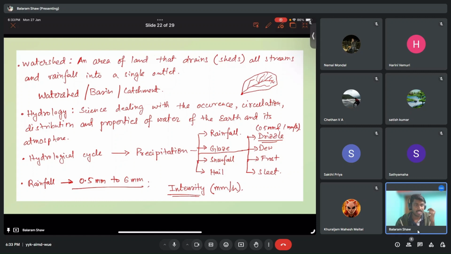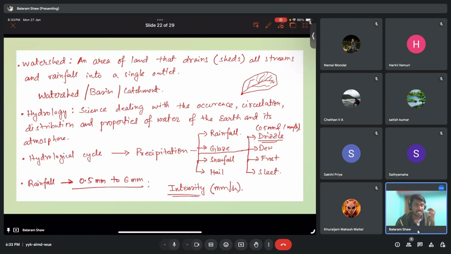Next is hail. What is hail? If you have seen, sometimes along with the rainfall, there are ice crystals which are bigger in size, over 5 mm diameter.